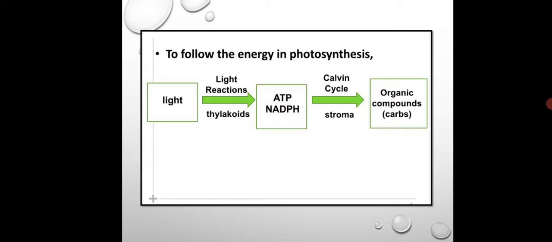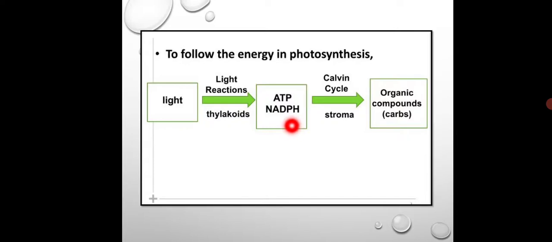So by using light, there is production of energy, that is the light reaction, and whatever is produced in the light reaction, that is ATP and NADPH, is further used in the Calvin cycle. The light reaction is carried out in the thylakoids of the plant cell, present in the chloroplast, which gives the production of ATP and NADPH.